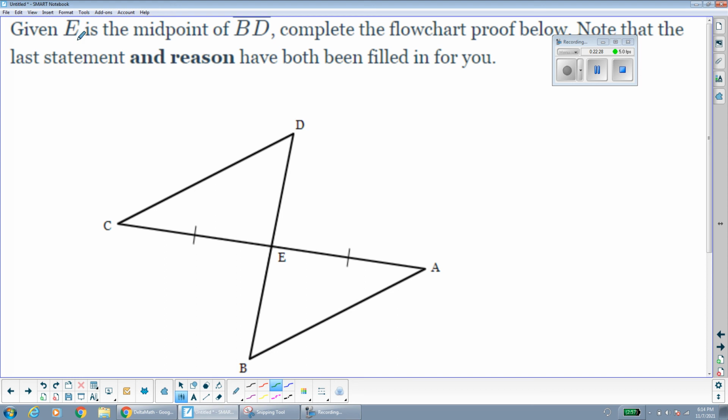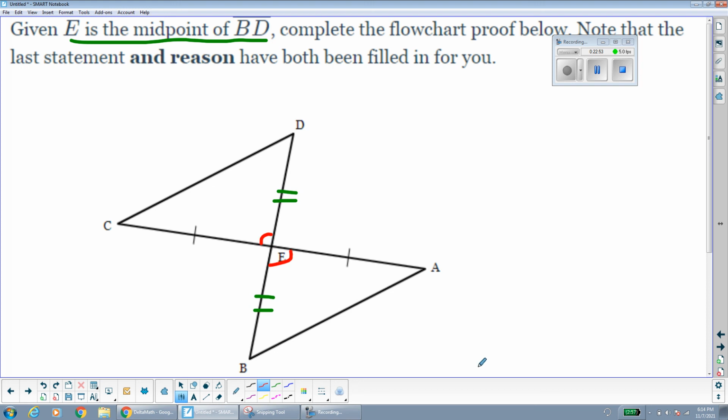So if we know that E is the midpoint of BD, where's BD? Right over here. We know that it's splitting BD into 2 congruent parts. And from our givens, we already know that CE and AE are congruent to each other. I can also see that we have vertical angles here. So I know vertical angles are always congruent.